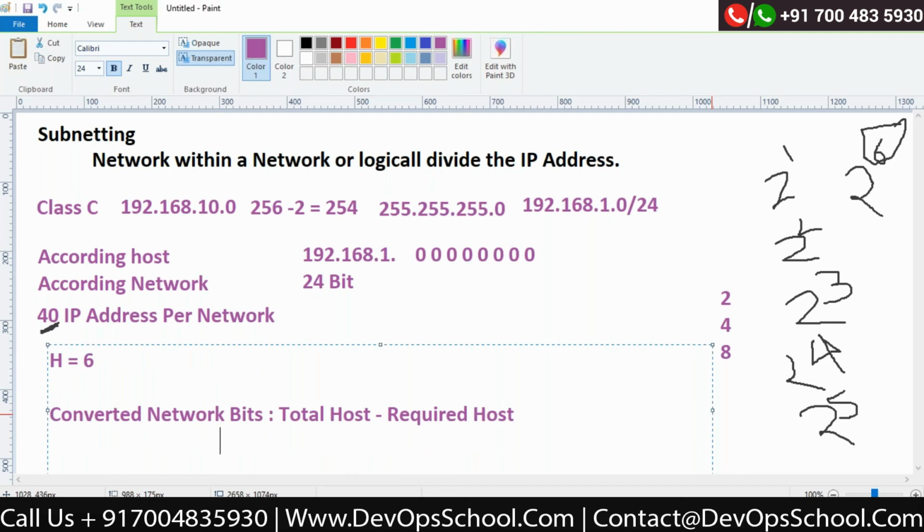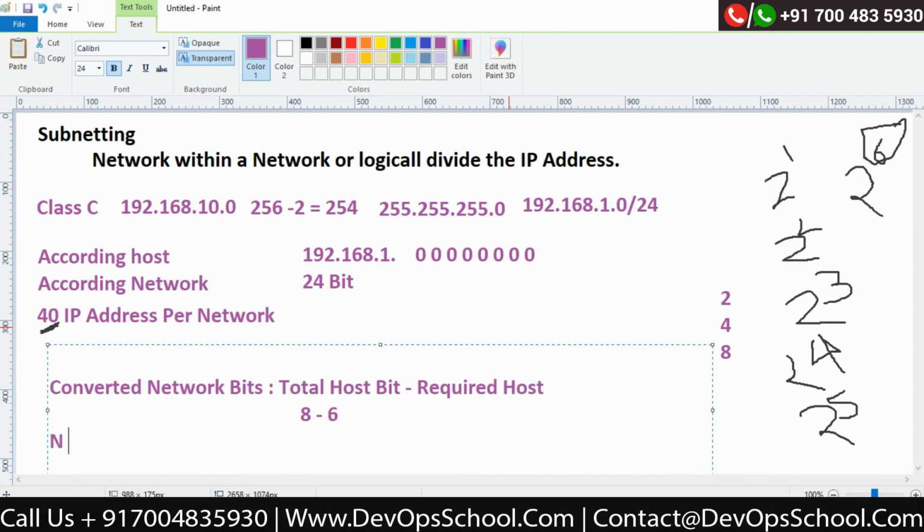Now how many total host bits do we have in our particular network? Total host bits we have only 8. Remember that this is the host I'm talking about. This is the network bit. Only the last bits which I require are host. Correct? So what is the total host bits? And how many do you require? You require 6 bits. If I do the subtraction over here, then I will get the value, which is my network bits.